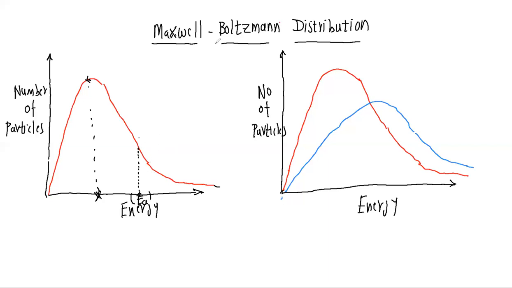Now a very important aspect: the number of particles which have energy higher than the activation energy is this yellow shaded area.